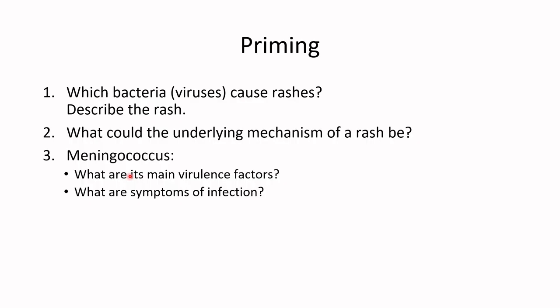They are maybe not that well known or not that frequently listed as virulence factors as the pili. Then what we can also call a virulence factor is the LOS, the lipo-oligosaccharide, in contrast to other gram-negative bacteria which have LPS, lipopolysaccharide.